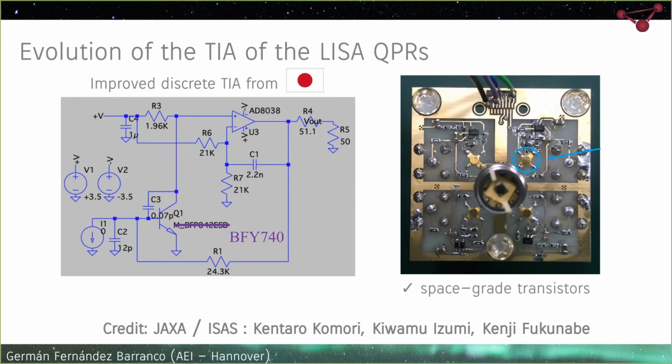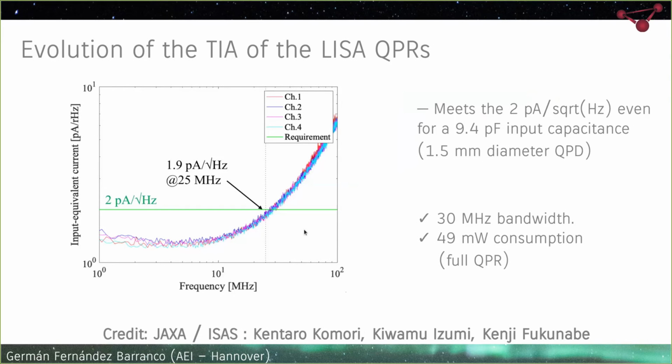And in this slide, you can see the input referred current noise that they measured in all 4 channels of this prototype, the one that I showed you in the last slide. You can see that the noise stays below 2 picoamps per square root of hertz, which is the LISA goal, up to 25 megahertz, the highest heterodyne frequency in LISA.